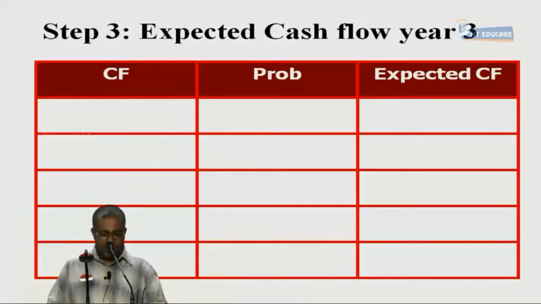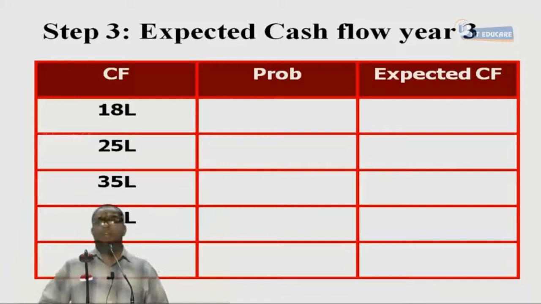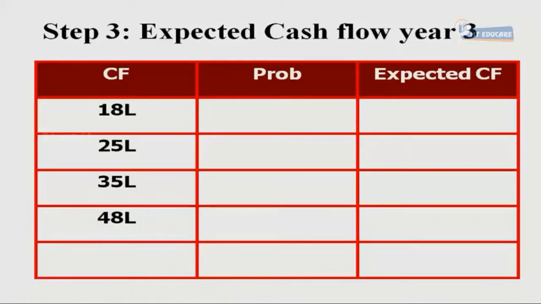What are the year 3 cash flows? 18 lakhs, 25 lakhs, 35 lakhs, and then 48 lakhs. Tell me their probabilities. 0.2, 0.5, 0.2, 0.1.